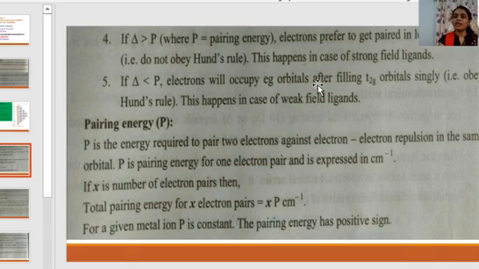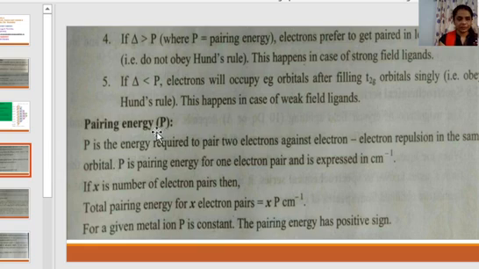That is, without getting paired in the lower energy T2g level, they will first go to the Eg level. All orbitals will first get singly occupied and then doubly occupied, obeying Hund's rule. This happens in the case of weak field ligands. Whenever a weak field ligand approaches the metal ion, the electron will go to the Eg orbital first and then the pairing will occur.